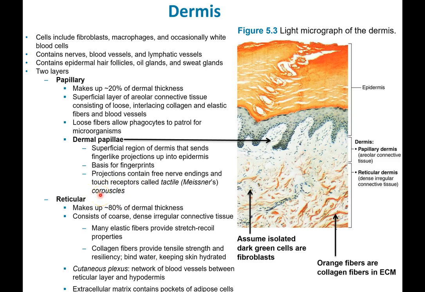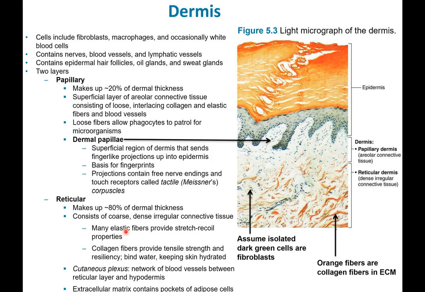Now, in contrast to the papillary layer, the reticular layer of the dermis is composed of dense, irregular connective tissue. The reticular layer is filled with a network of tough collagen and stretchable elastic fibers.